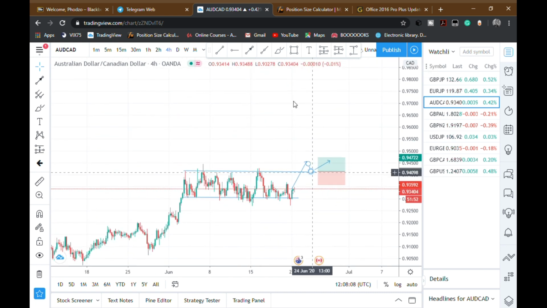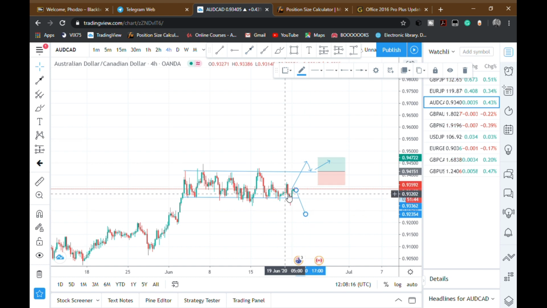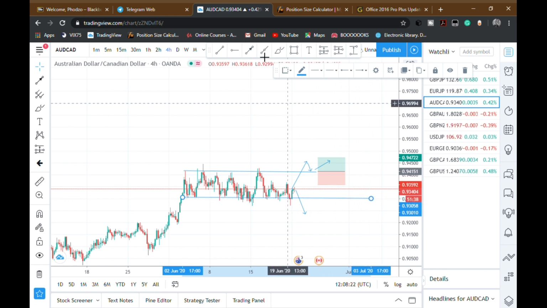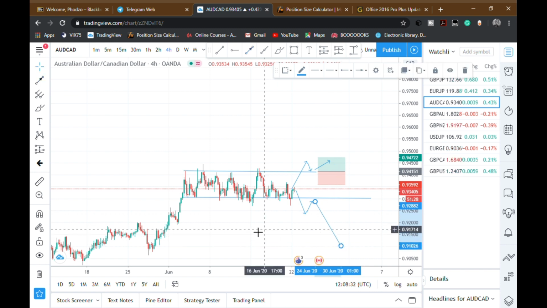Or what might happen is this thing might break out on the downside and retest here before taking off down.